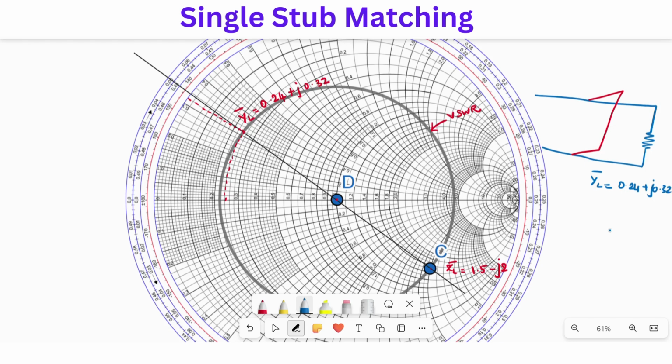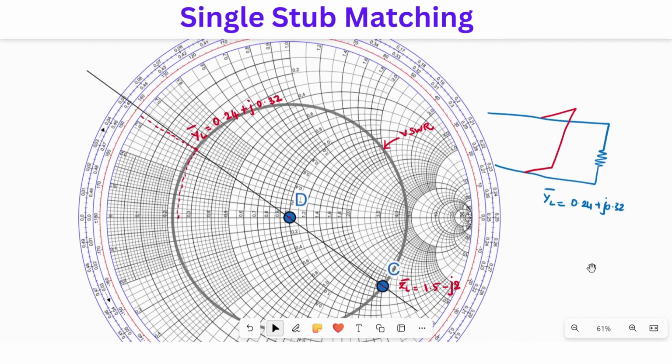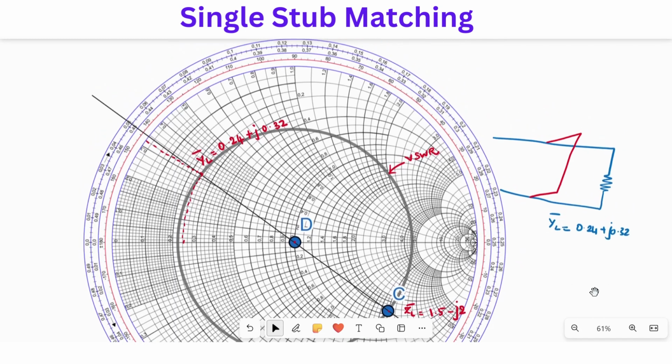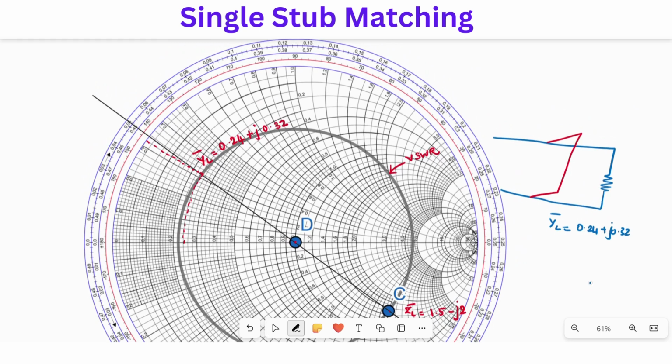Now we have found our load admittance. The next step is to move on the transmission line towards the generator, to the point at which the load admittance is transformed to a conductance value of 1.